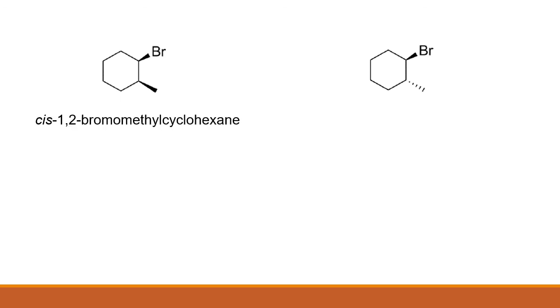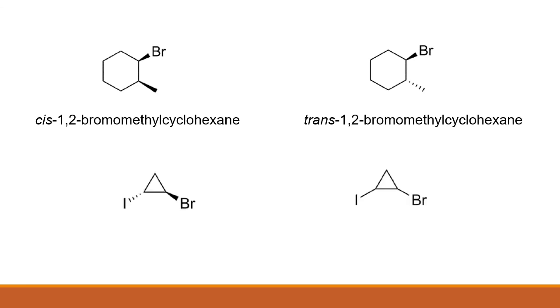We denote the first molecule as cis-1,2-bromomethylcyclohexane, whereas the other molecule is trans-1,2-bromomethylcyclohexane.